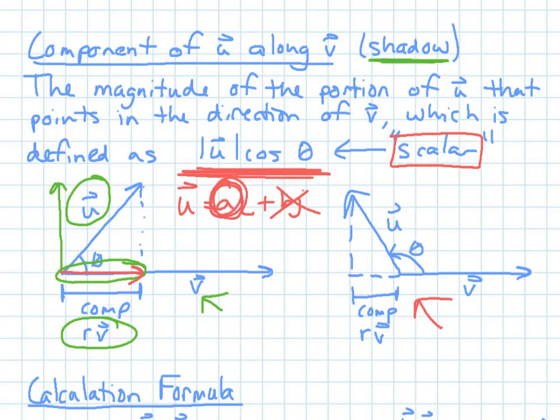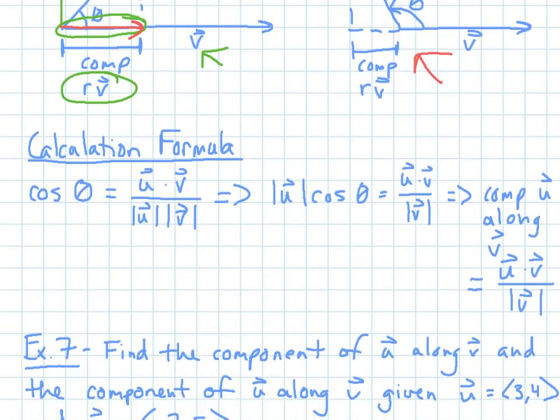Now there are different ways of calculating it. We can use our angle between two vectors formula to help us make a calculation formula. Since we said that the scalar is the magnitude of u times cosine of theta, it's almost like just multiplying this magnitude of u to both sides, which leaves us with the dot product over the magnitude of v.